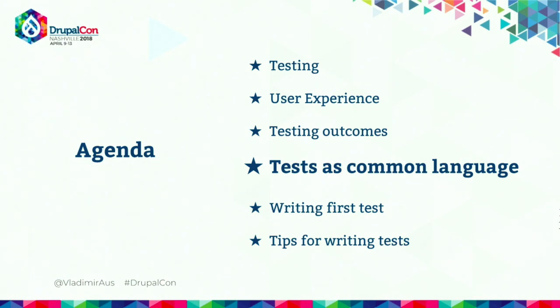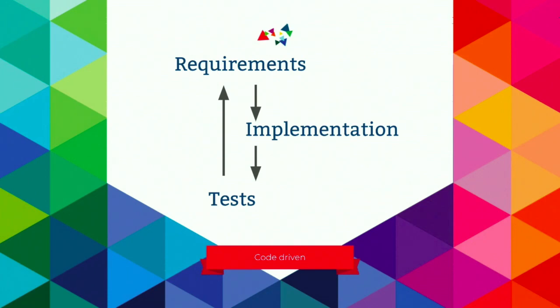So let's look at tests as a common language, right? As we saw before, the project works easily. You have requirements, you have implementation, you have tests. Here's code-driven development, where you have requirements. You go through all the funky stuff, whatever methodology you use, Agile or Waterfall, and break it into stories. So a development task, you do the implementation, then you write a test, and then make sure the test verifies the requirements. We can change the workflow and do test-driven development, right?